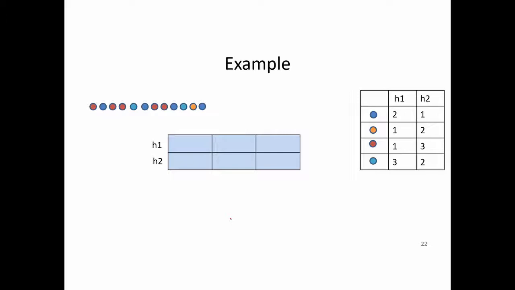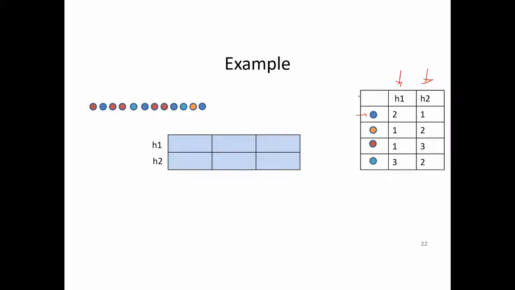Let us look at how the algorithm works. Here are the two hash functions, h1 and h2, and this is the mapping. The colors correspond to items, so there are 4 items here.